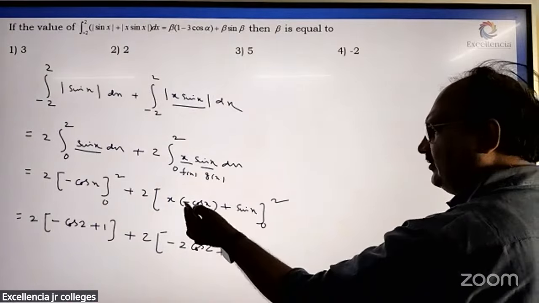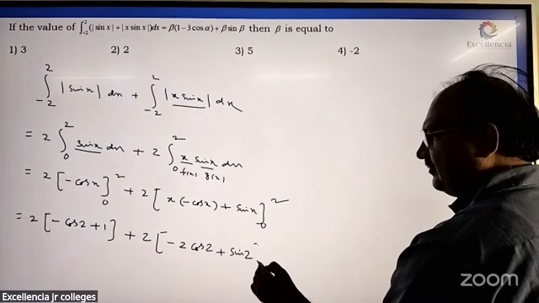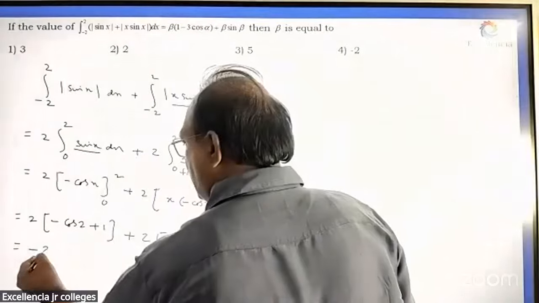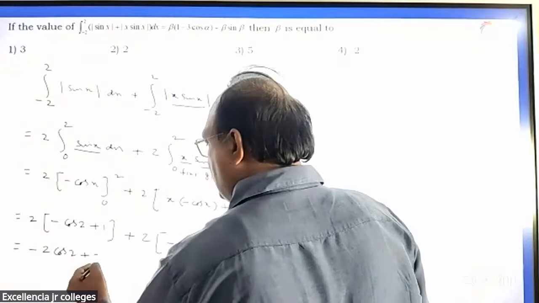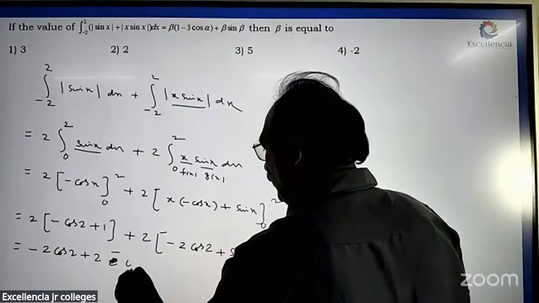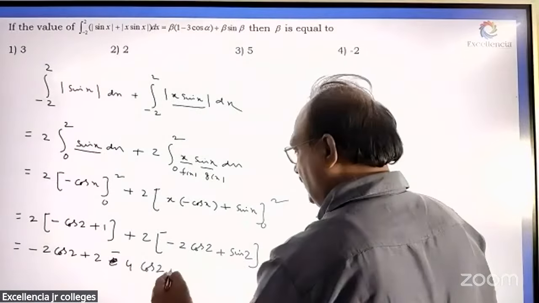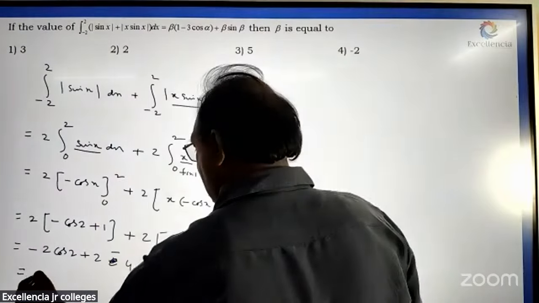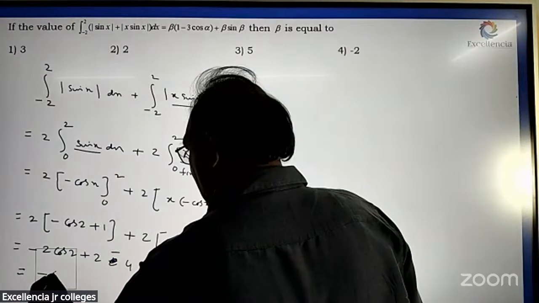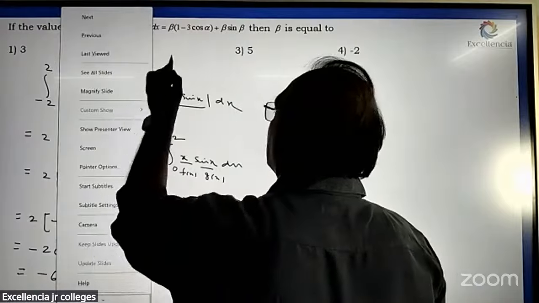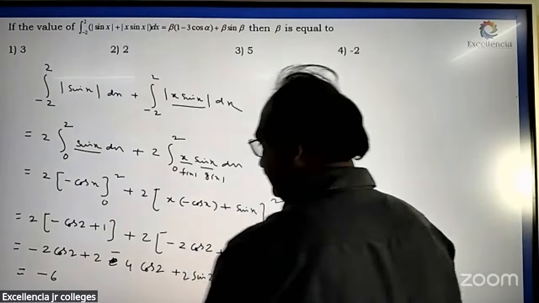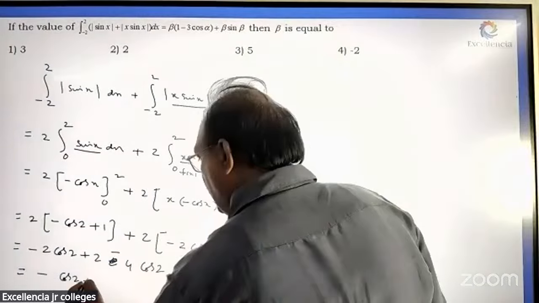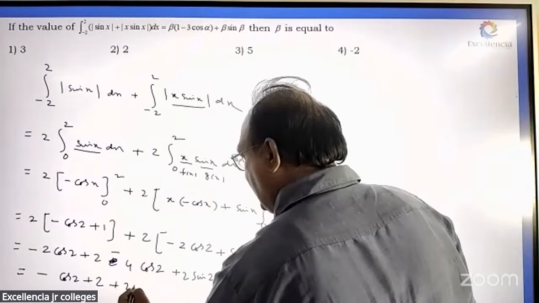When you write x is equal to 0, the lower limit, I will get minus 2 cos 2 plus 2 plus minus 4 cos 2 plus 2 sin 2. So the final answer for this is minus 6 cos 2 plus 2 sin 2.